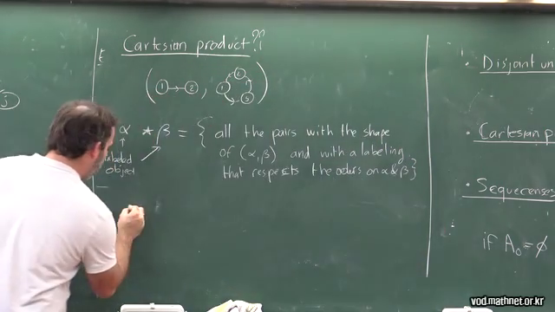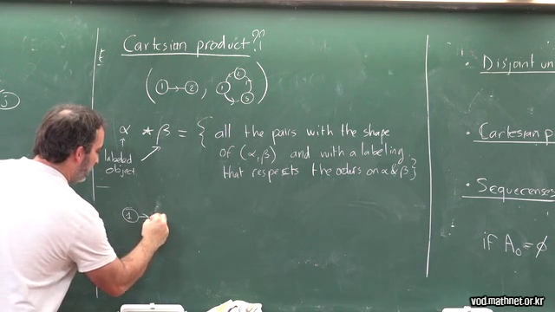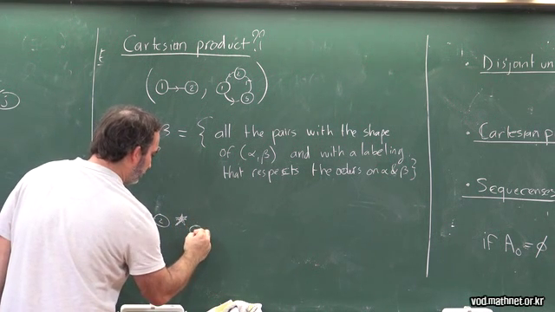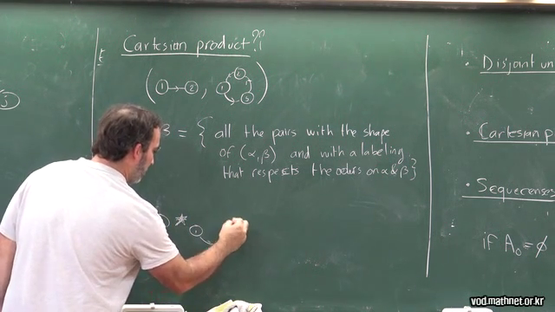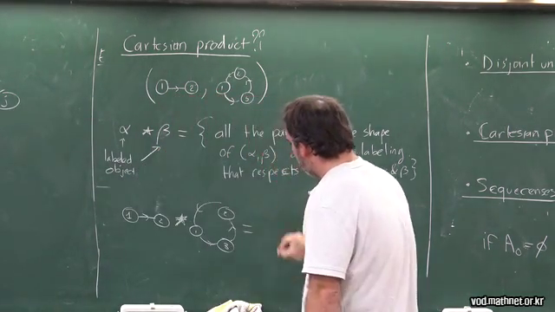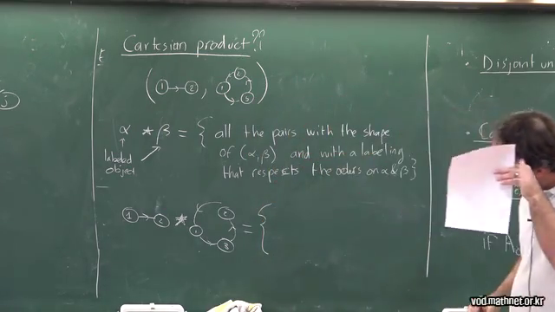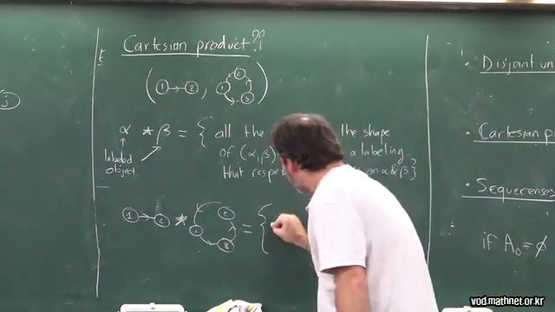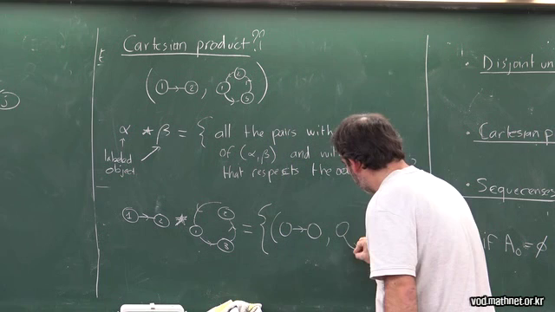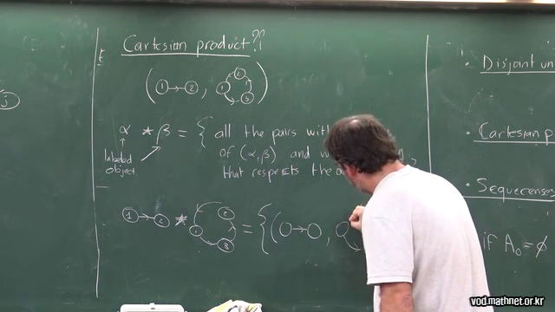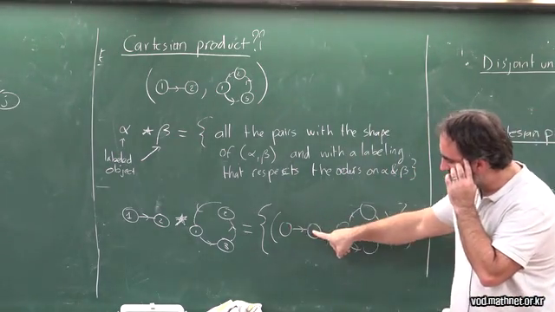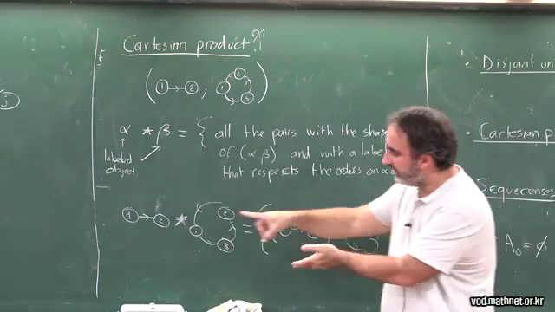Okay, so if you do the product of these two guys, you get a set of pairs, and for instance you have to distribute the elements 1, 2, 3, 4, 5 in the circles here in such a way that I respect the order here and here.